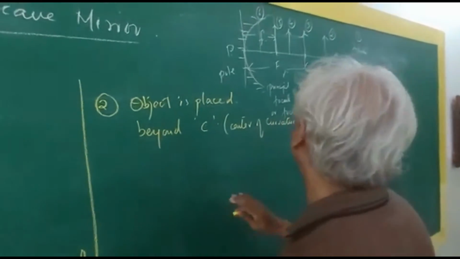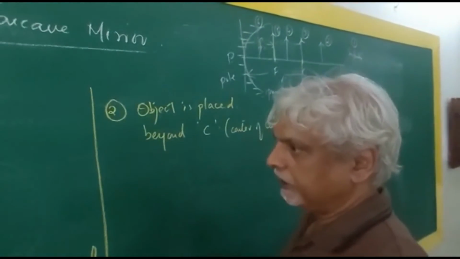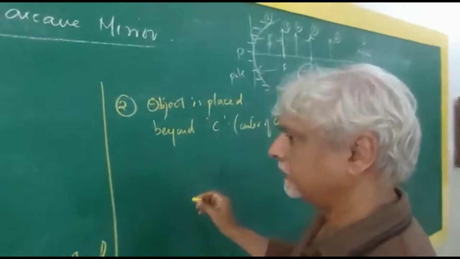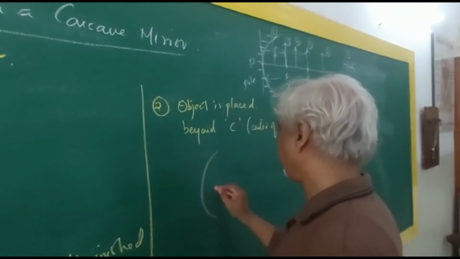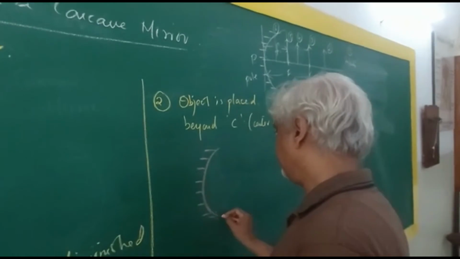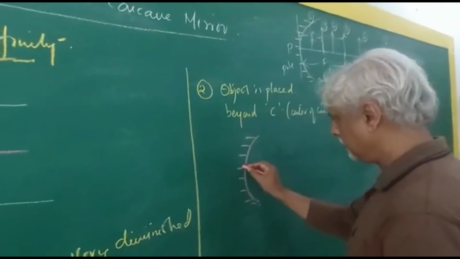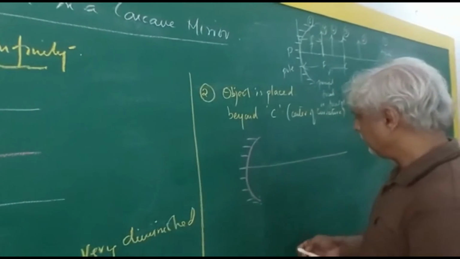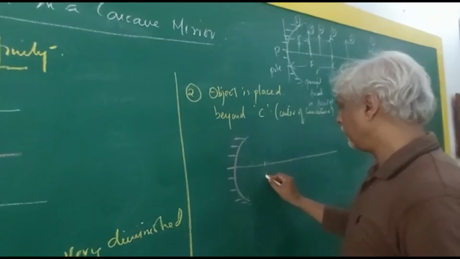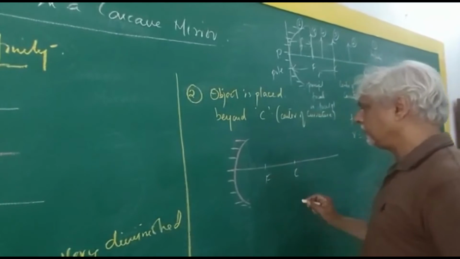Beyond the center of curvature, or you could say between infinity and the center of curvature. Here you have the pole. This is your imaginary line, which is the principal axis. Focal point, center of curvature.